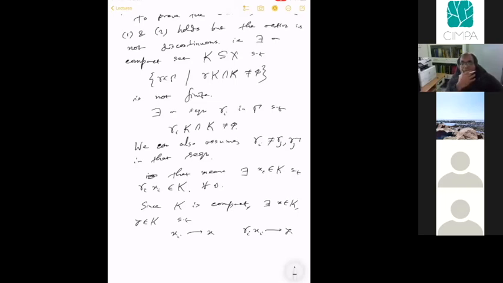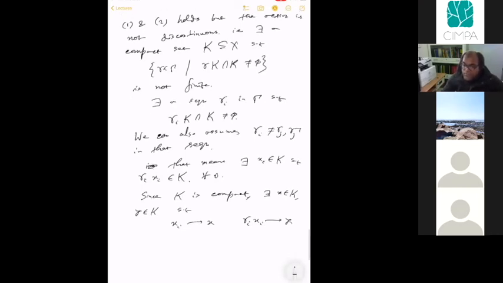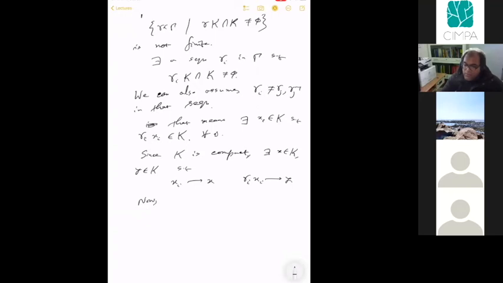Okay. So now apply triangle inequality. So now consider d of gamma i x, y, which is less or equal to d of gamma i x, gamma i x_i plus d of gamma i x_i, y, which is same as d of x, x_i plus d of gamma i x_i, y.